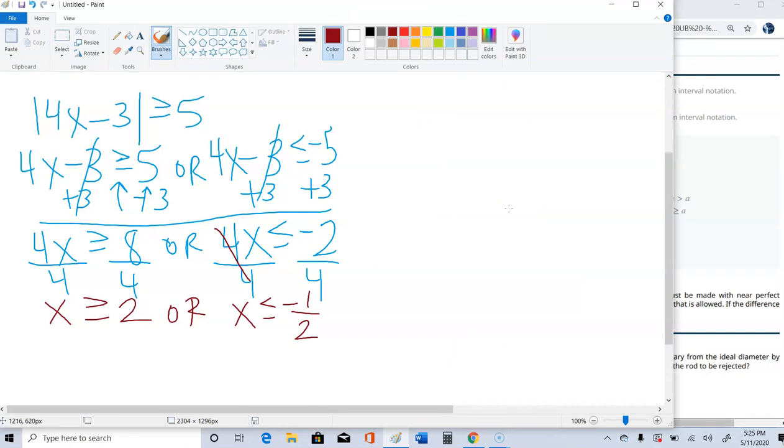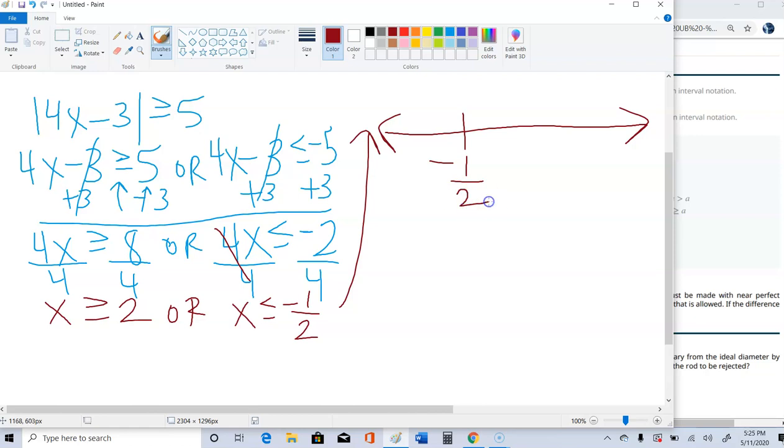Now let's graph these two linear inequalities on our number line. So we have negative 1/2 and positive 2. Less than or equal to negative 1/2: wherever the arrow points, that's where we shade.